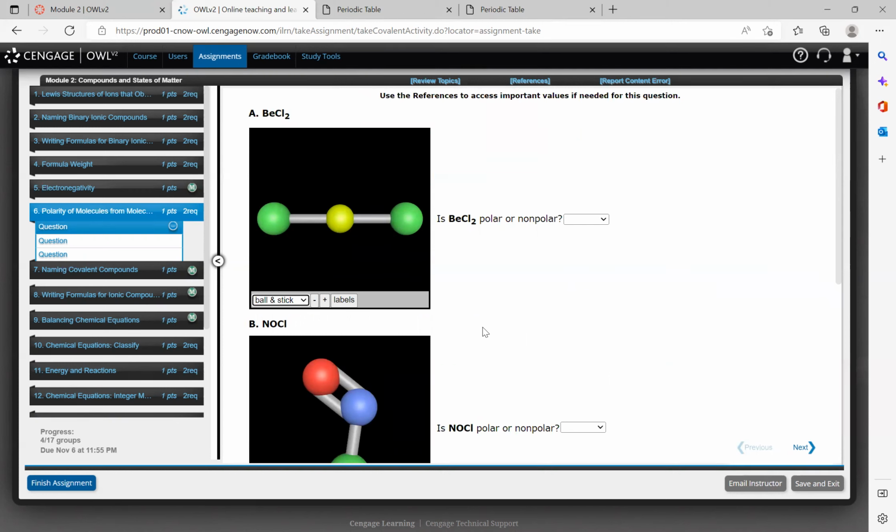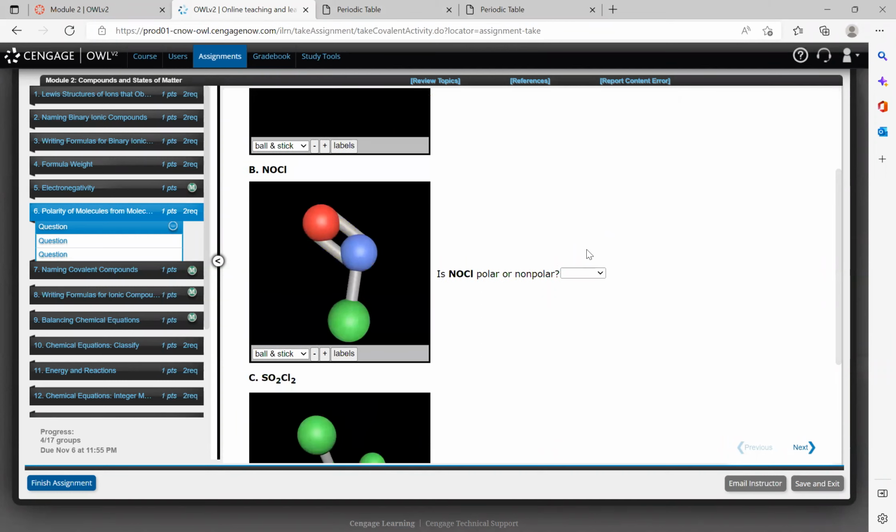Nonpolar means they share electrons pretty equally. In this case, beryllium chloride has the beryllium in the middle, with chlorines on both ends keeping it in check, so this is going to be a nonpolar molecule.